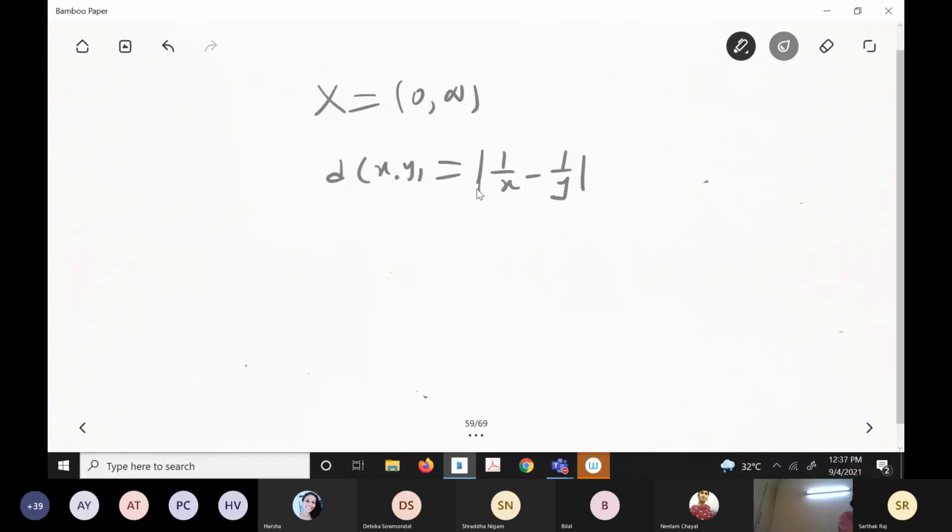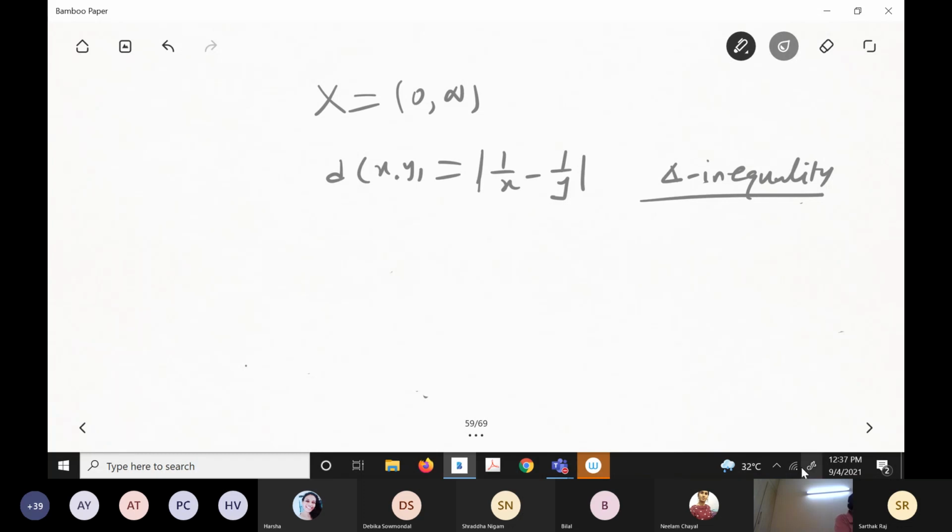When you check, you'll see only the triangle inequality is giving you the trouble. Other things will be simple to prove. So when I say verify it, actually verify the triangle inequality. Make sure that in the beginning you read just the examples.